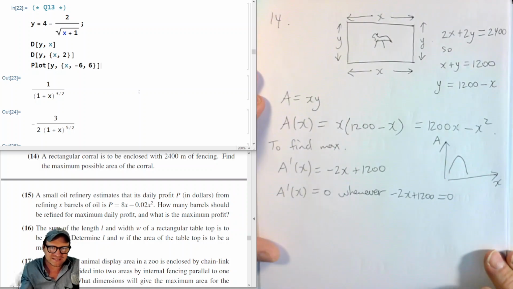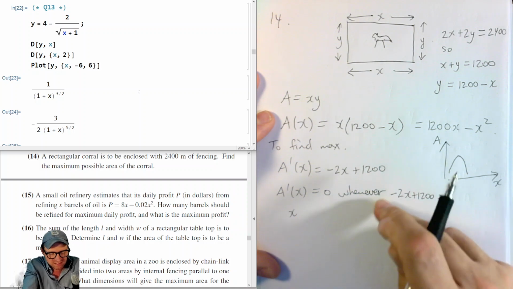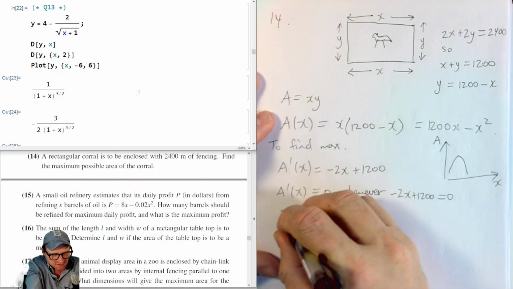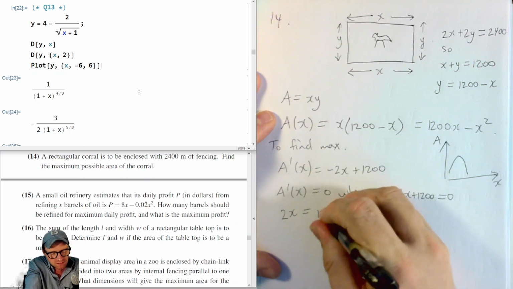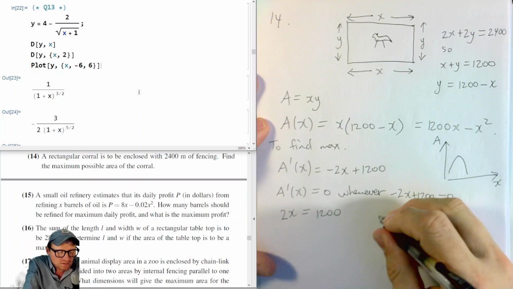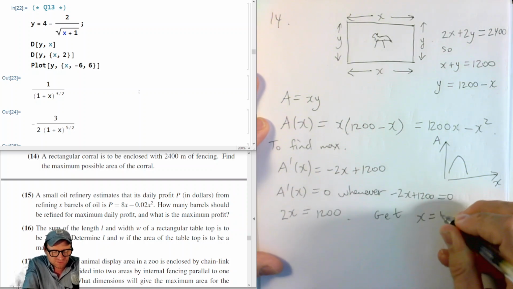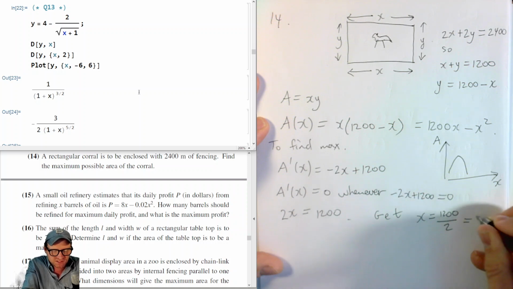Okay, and so we can easily solve this by taking the 2x over to the right-hand side, and then I'll swap sides. So we get this, and now we want to divide by 2 and get x is equal to 1200 over 2, which is 600.